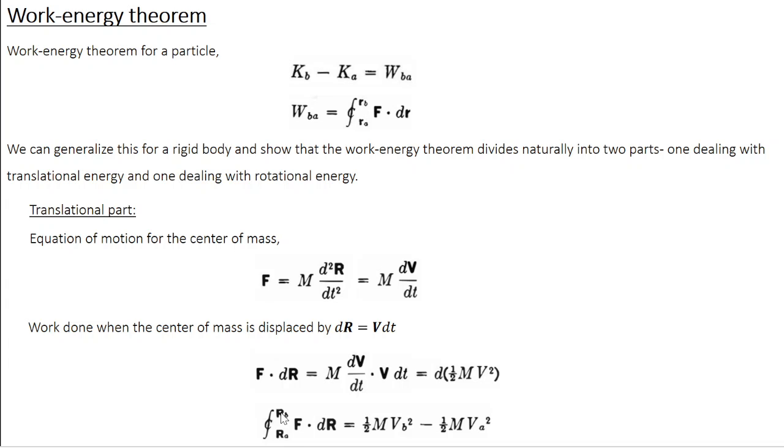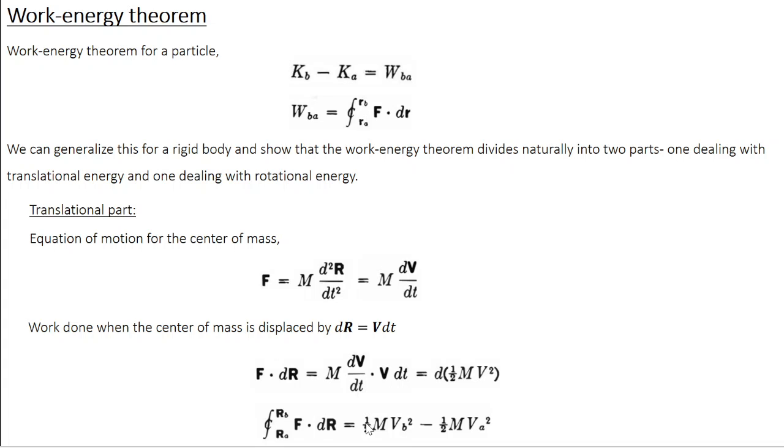So this is the integral from r_A to r_B of F dot dr, and when you take the derivative on the right hand side, you already have a differential, so differential and integral cancel, and when you apply the limits, this is going to be half m v_B squared minus half m v_A squared, where v_B is the velocity of the center of mass at the final position, v_A is the velocity of the center of mass at the initial position. So when you compare this with the work energy theorem for a particle, they look almost the same. Just that here the equation is written in terms of the center of mass.